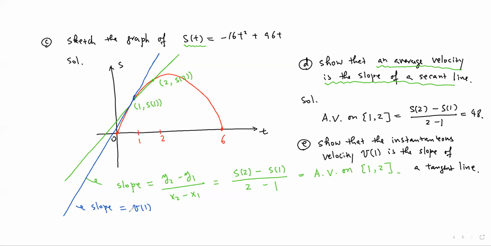Why is the slope of this blue line the instantaneous velocity? Solution. Okay, let me explain in this way.